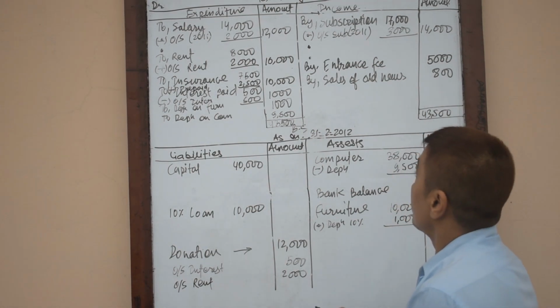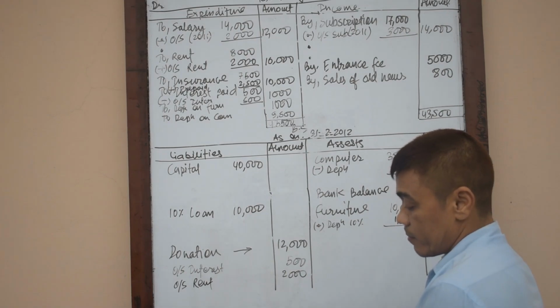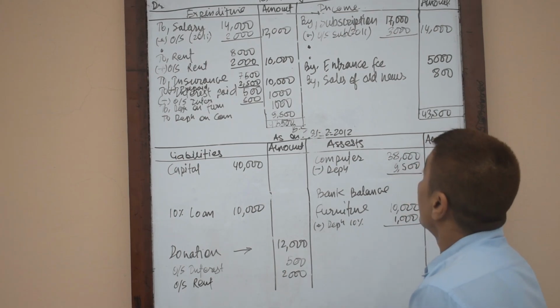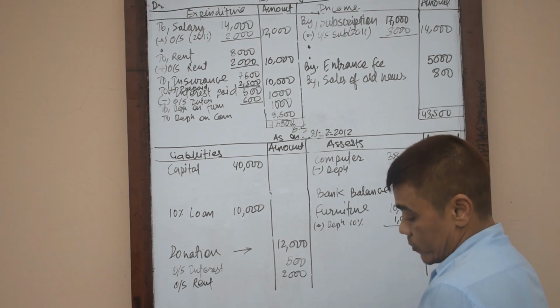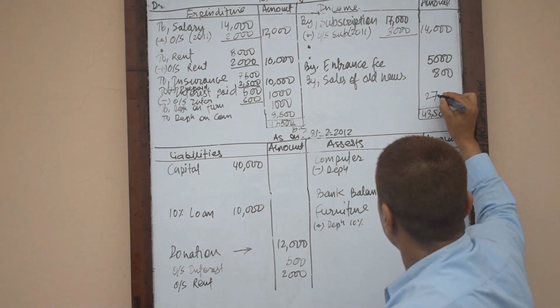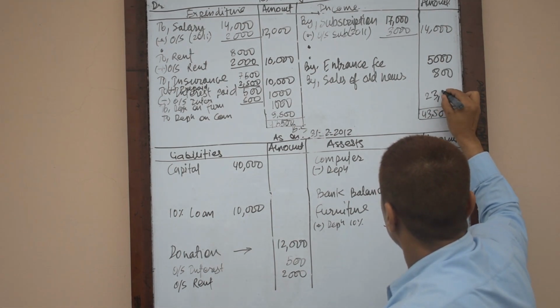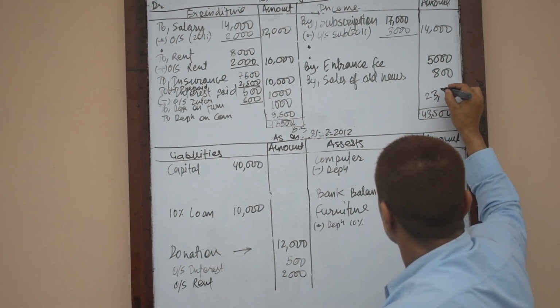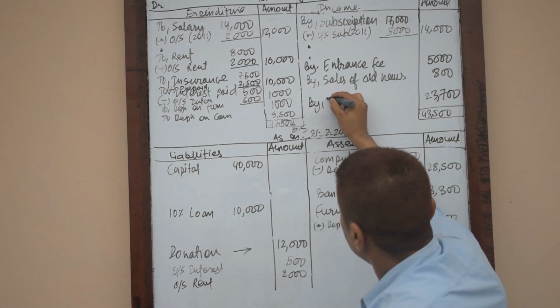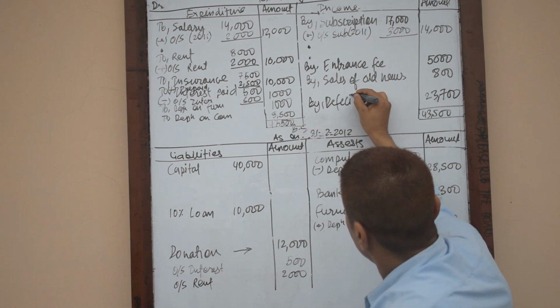43,500 minus our income, which is 14,000 from subscription, and 5,000 from entrance fee, and we sold newspaper of 800 and got this much amount. Now 23,700 is deficit. So we'll write here deficit.